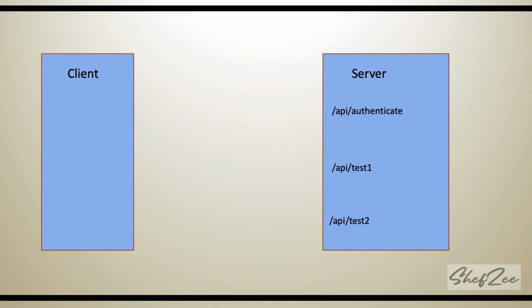First thing, the client sends a request to the server to authenticate the credentials. The client will send the user ID and password to the server for authentication, and if the server recognizes the user, it will generate a JSON token and send it back to the client.